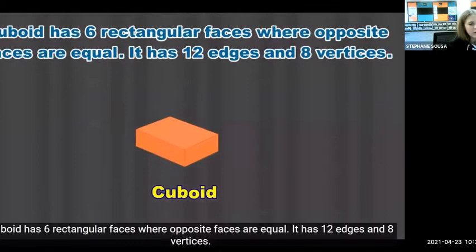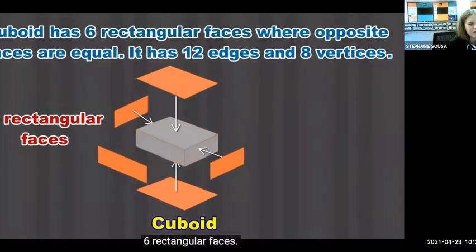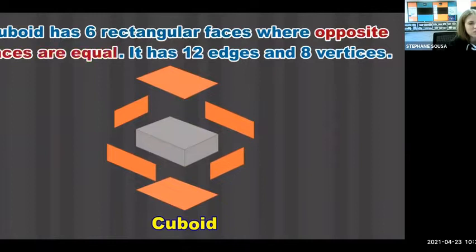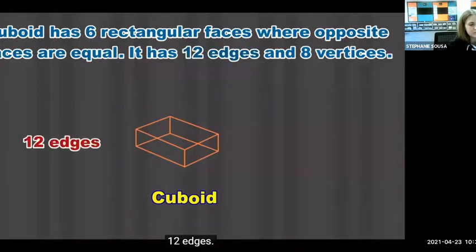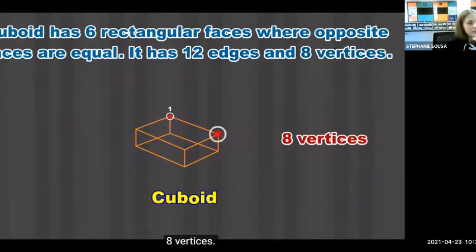A cuboid, also known as a rectangular prism, has 6 rectangular faces. There they are. It has 12 edges. And 8 vertices.